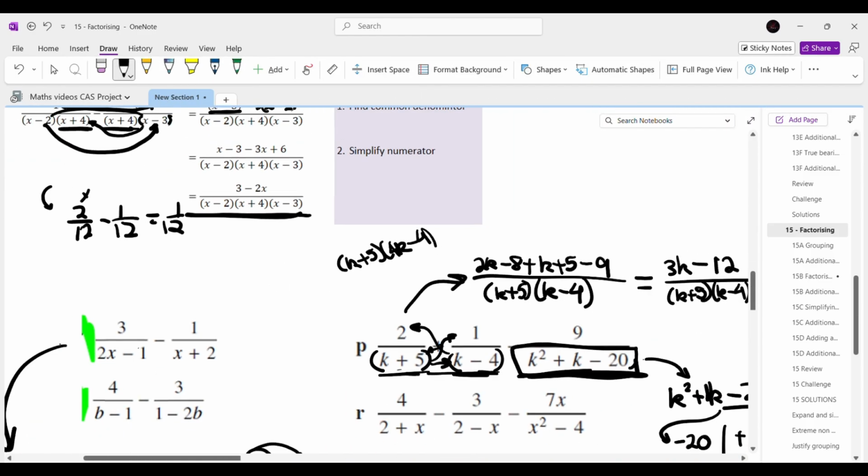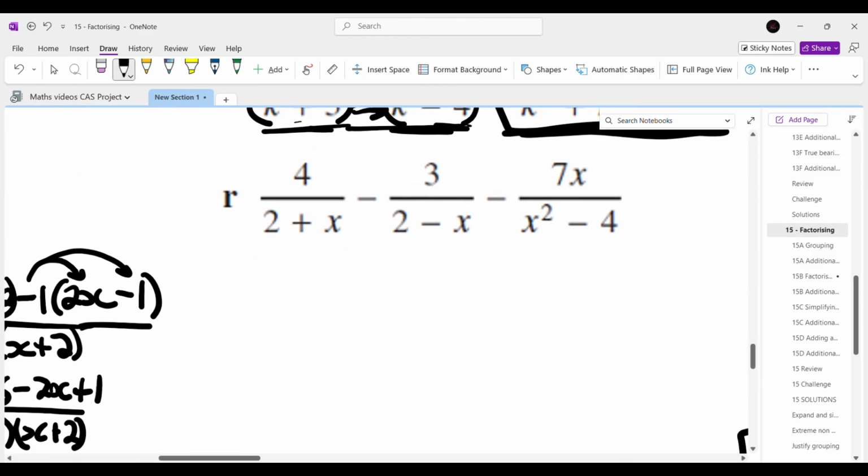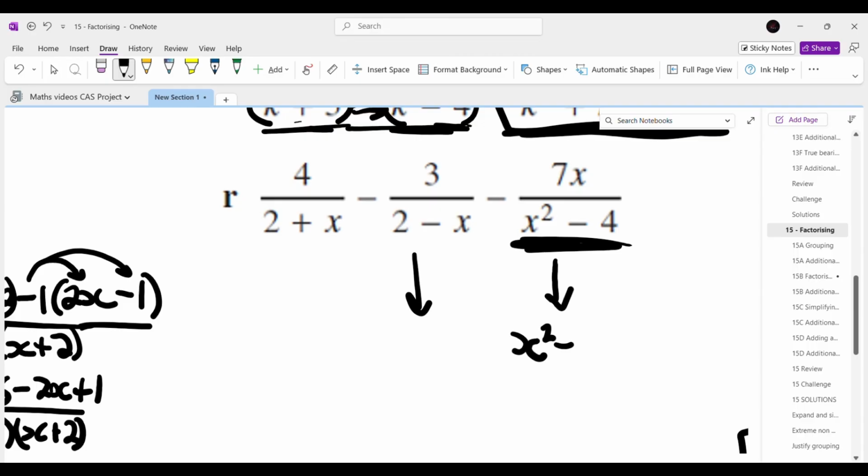I want to do one more with you guys real quick. We can do this one right here, because this one's very interesting. As you can see here, we don't have this middle term, but it's written in a very interesting form, where we have x squared minus a square number. We've got 4 here, so this would be 2 squared.